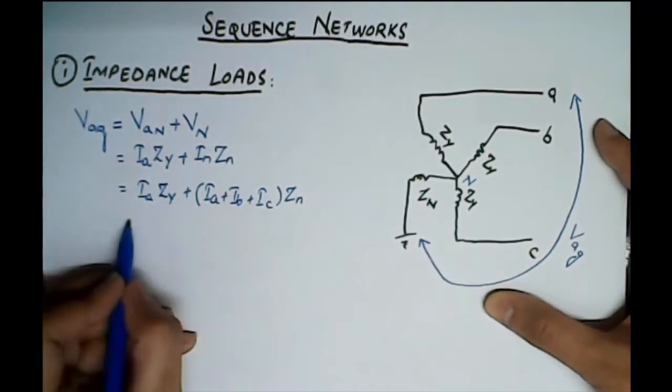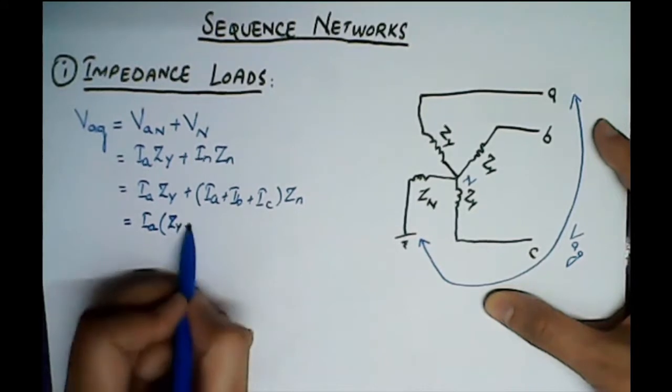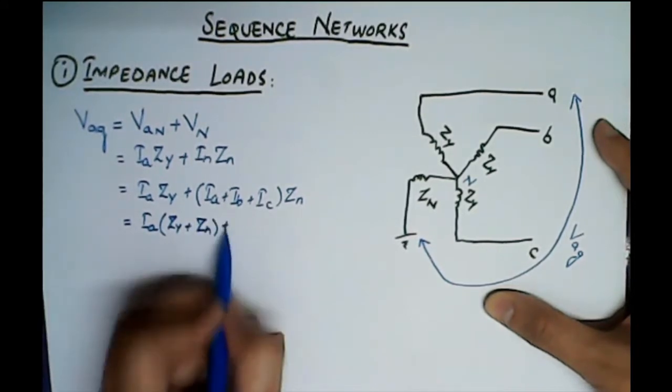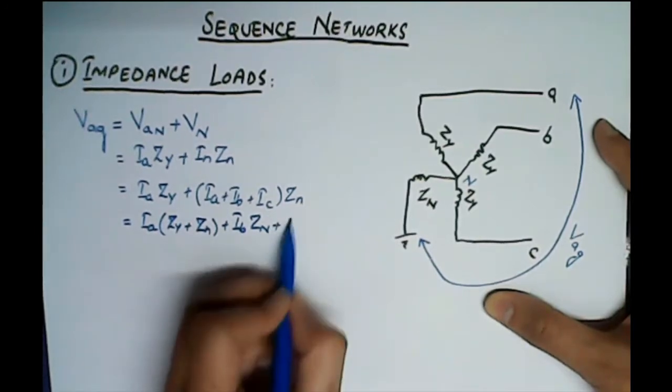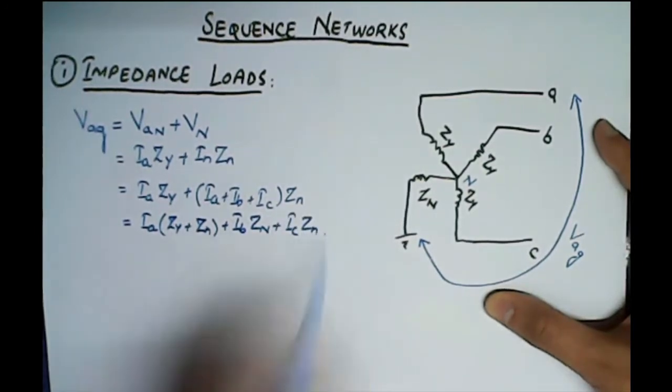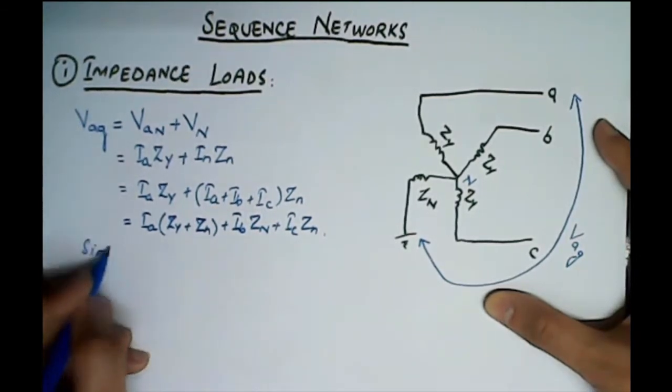Or in other words, we can rearrange it: IA times (Zy plus Zn) plus IB times Zn plus IC times Zn, right?